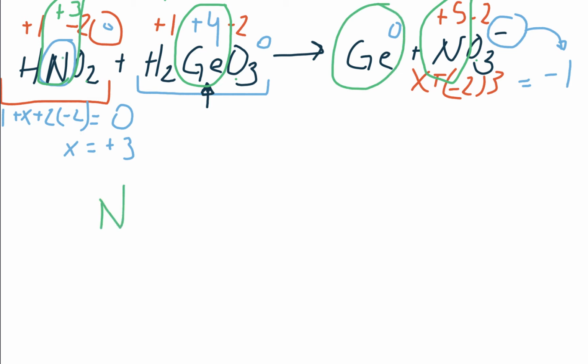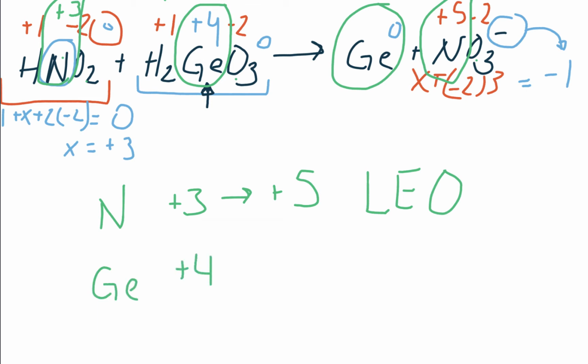So the nitrogen has gone from a +3 charge to a +5 charge. If it's gaining charges, it's becoming more positive. That means it's losing electrons, and losing electrons is oxidation. The germanium, on the other hand, went from +4 to 0, meaning it's gained electrons because its charge is becoming more negative, and gaining of electrons is reduction.